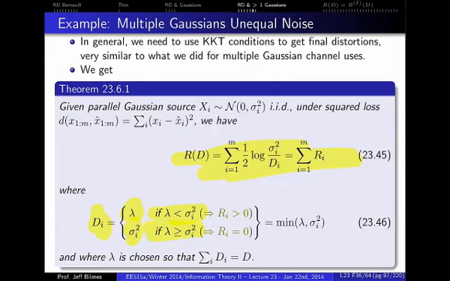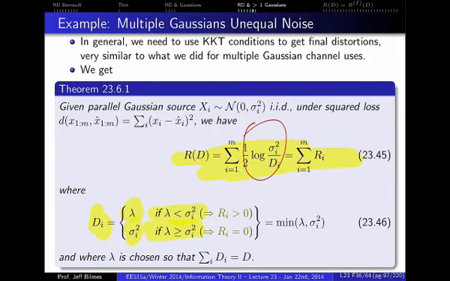And when D_i is equal to sigma_i squared, that's going to be log of sigma squared i over sigma squared i. That's just going to be 1, log of 1, which is 0. It's going to turn off that rate. That rate's going to be 0, so the ith source in such a case is not going to communicate.